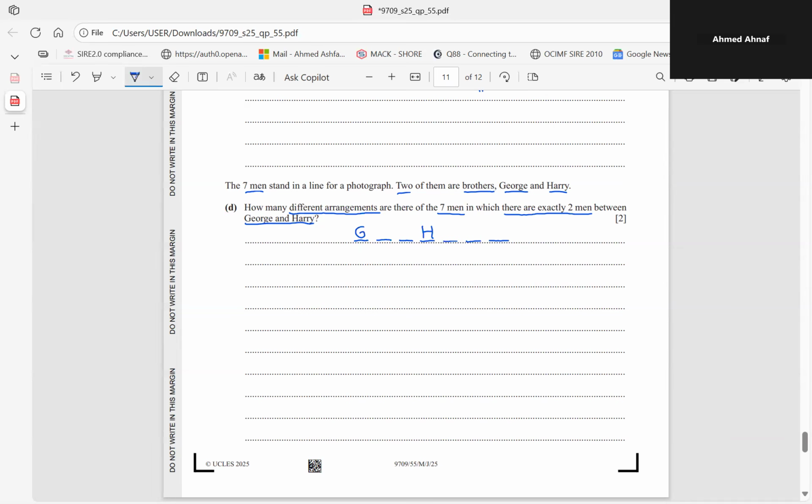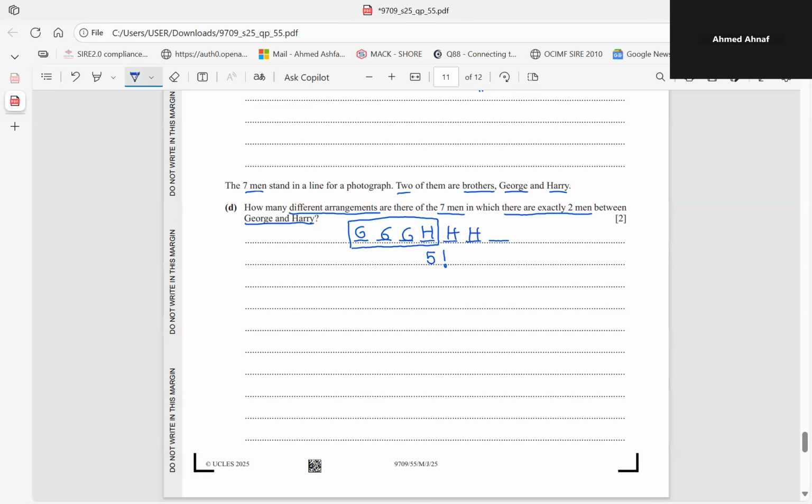Let this be 1 slot. For this position, there are 5 factorial ways to arrange the remaining men. And then we also have another way where George and Harry are here. That is also 5 factorial ways, as well as here and here.